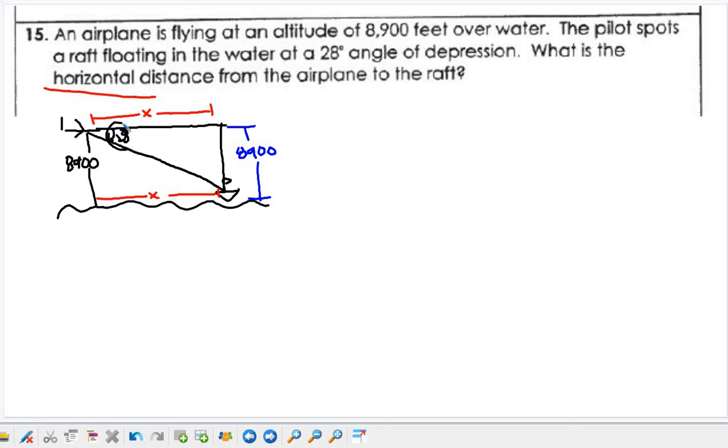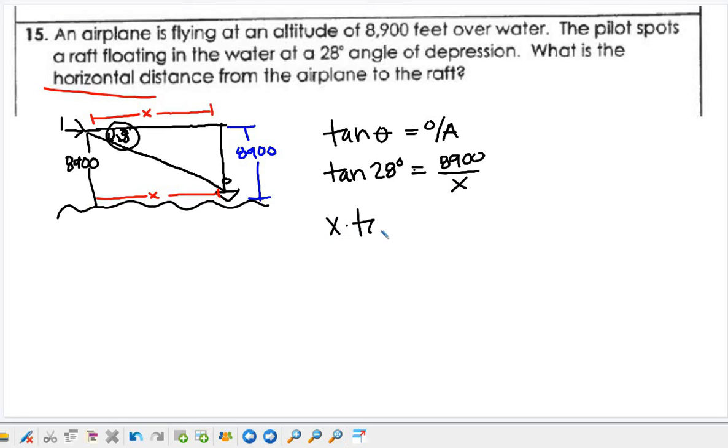So I look at my angle, and I have opposite and adjacent. So that is tangent. So tangent of 28 degrees is equal to opposite over adjacent. So x times tan of 28, and then divide.